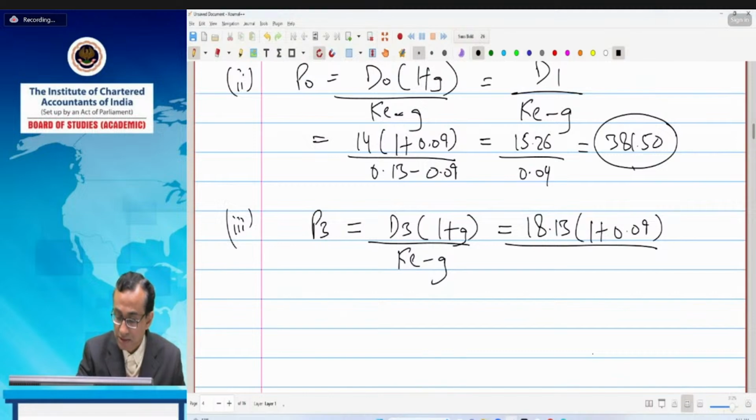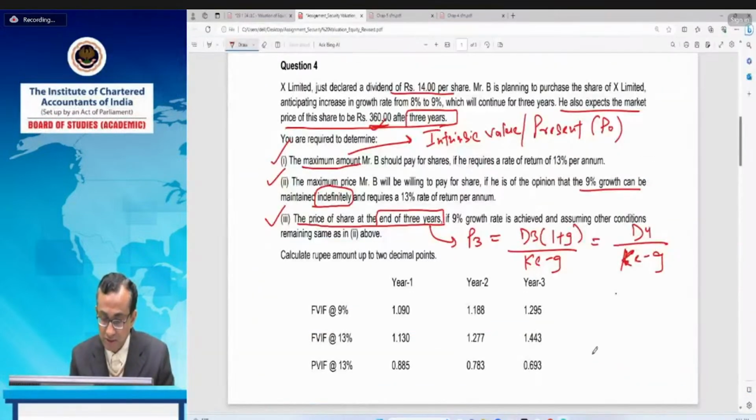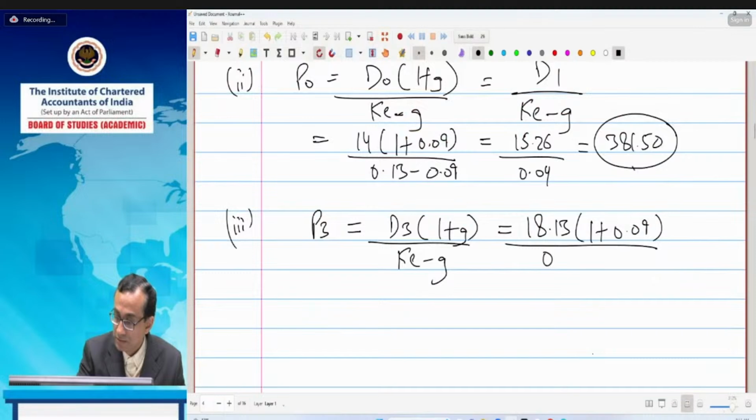There is no change in the discount rate either, 13%, 0.13 minus the growth rate.